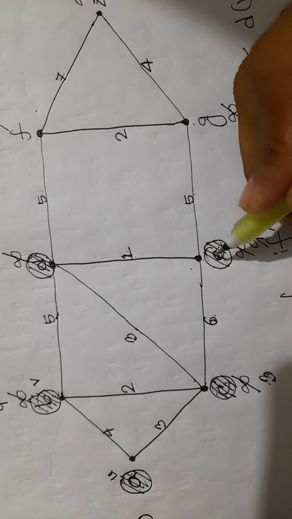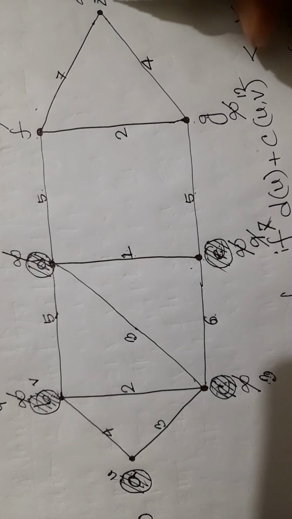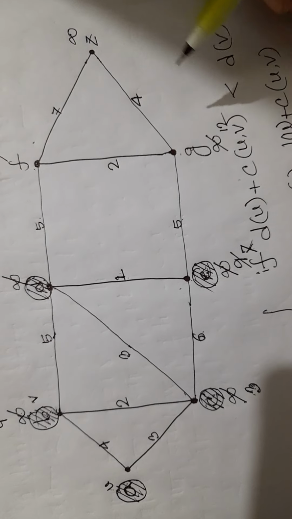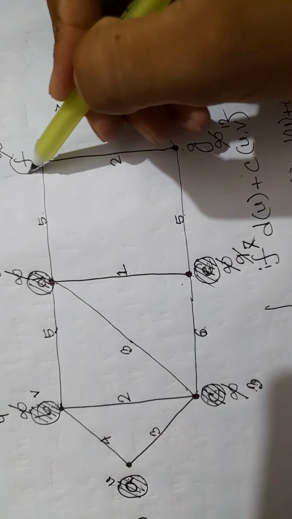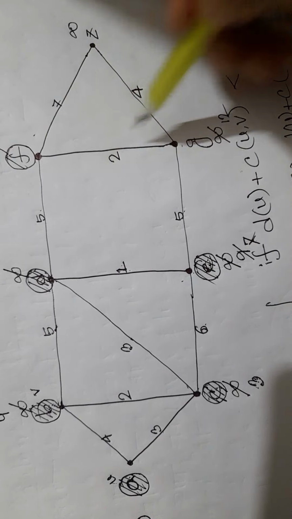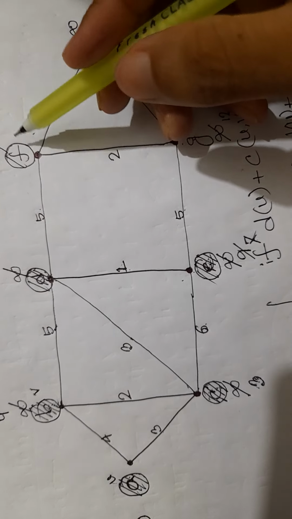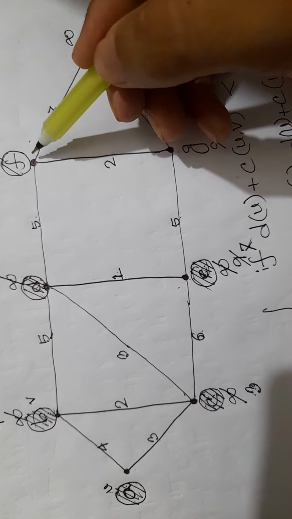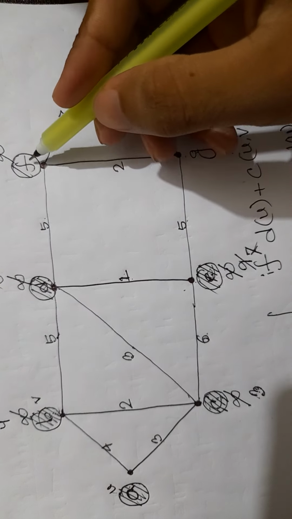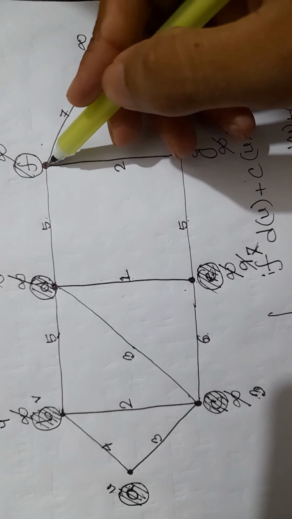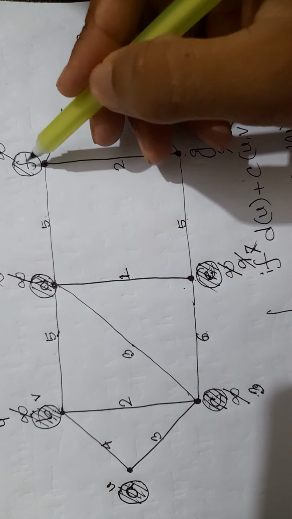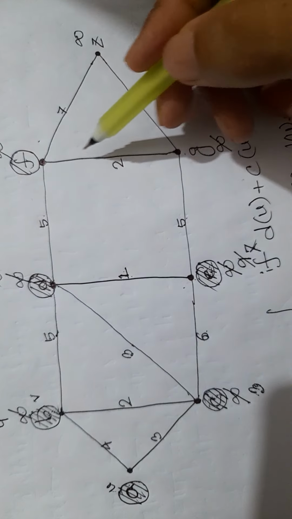Then E is completed. Now among the remaining vertices F is smallest, so F is selected. Now from F we can visit G and Z. At first we visit F to G. The distance of F equals 11.